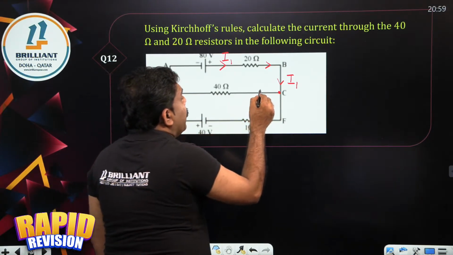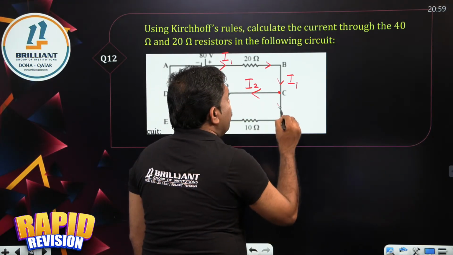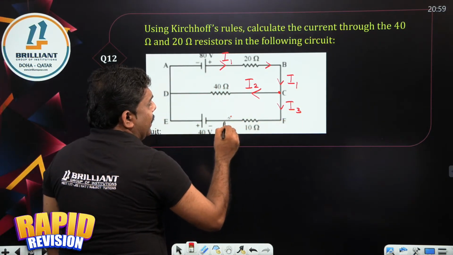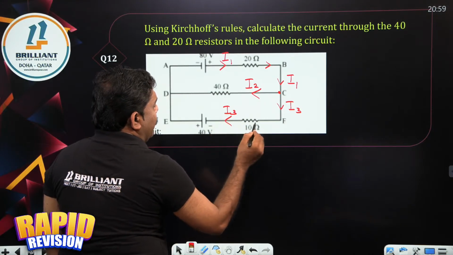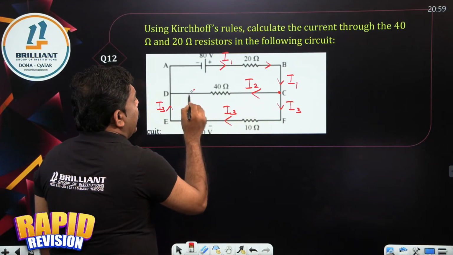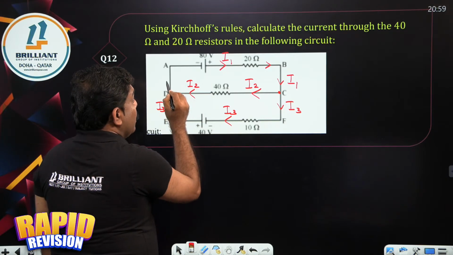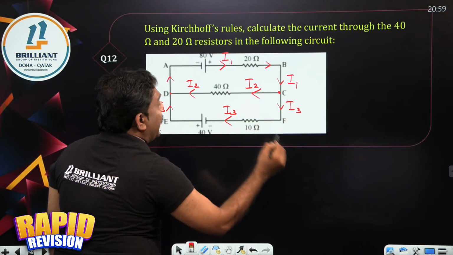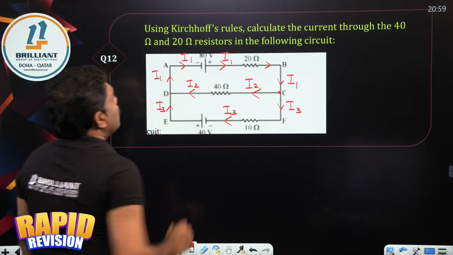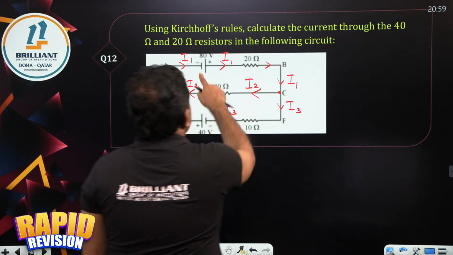The current flowing through CD, I'm marking as I2, and the current flowing through CF, I'm marking as I3. Then I2 and I3 are added, and I1 splits into I2 and I3, so this current will be I1 again. This is the flow of current that I explained.